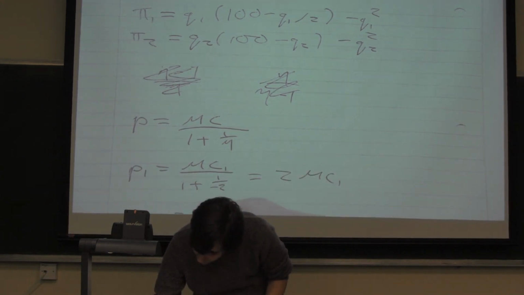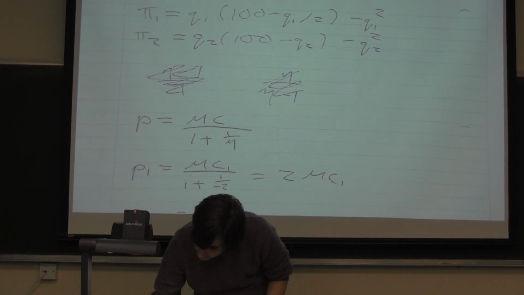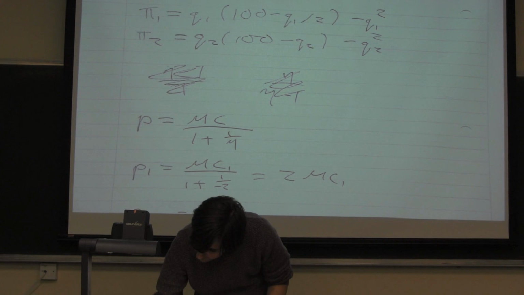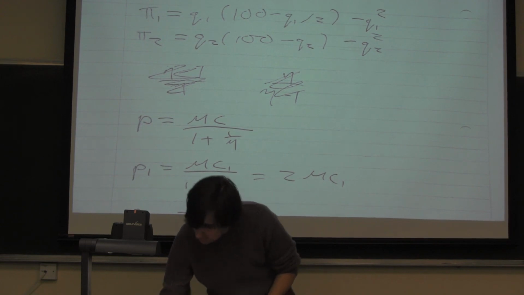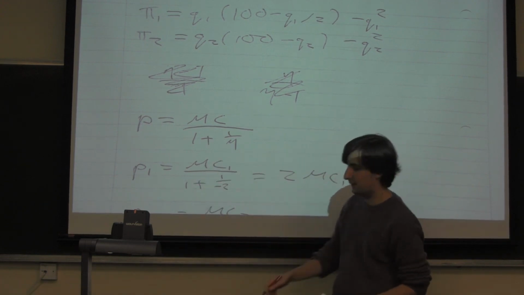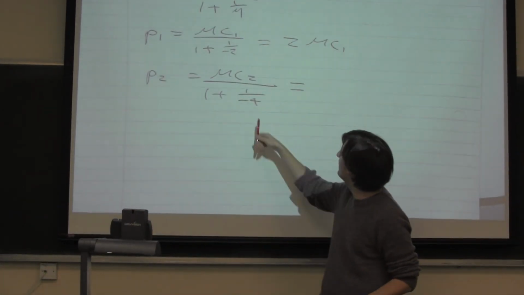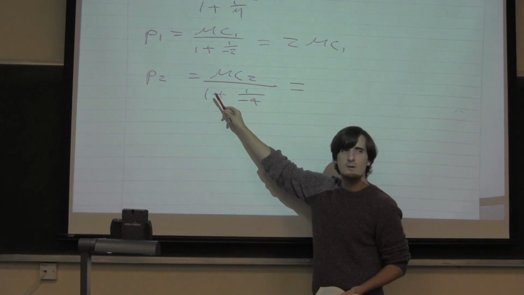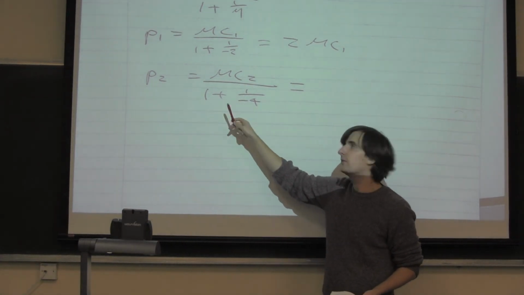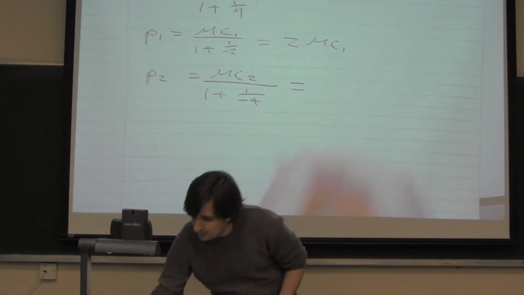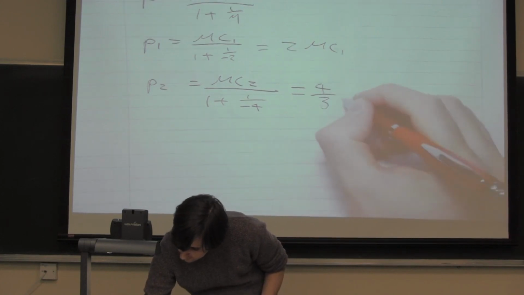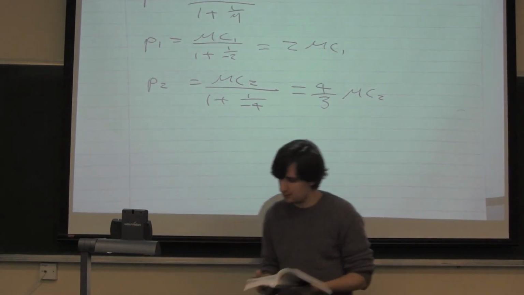Price in the second market is marginal cost divided by 1 plus 1 over -4. So this is 4 quarters minus 1 quarter, so 3 quarters. So this is 4 over 3 times marginal cost.